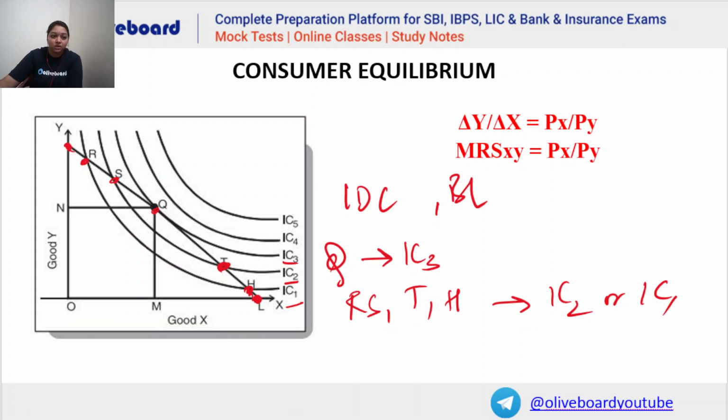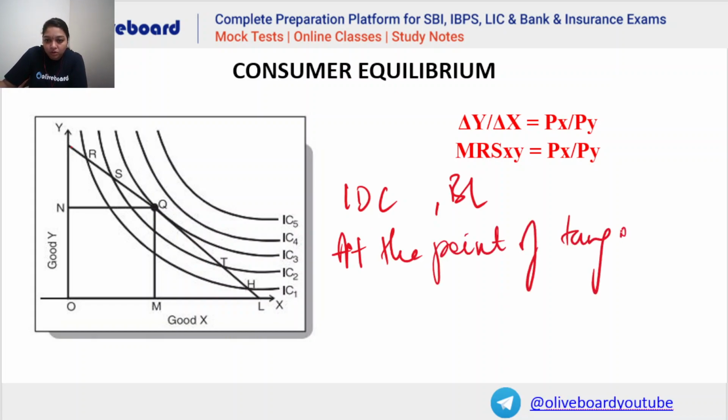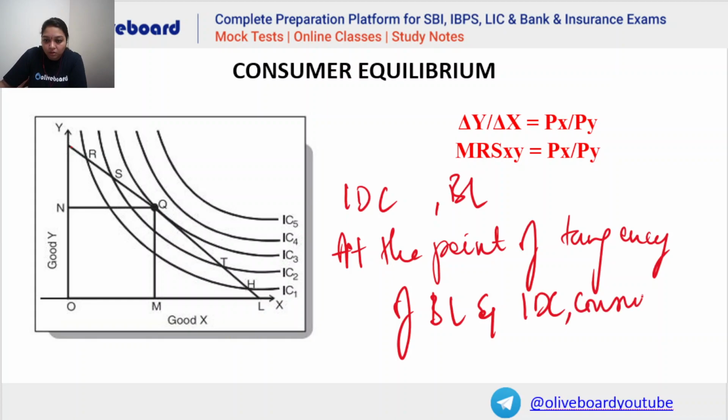So the thumb rule is that the consumer should always purchase that combination of goods which is represented by the point of tangency of the budget line and indifference curve. At the point of tangency of the budget line and indifference curve, the consumer will have maximum satisfaction.